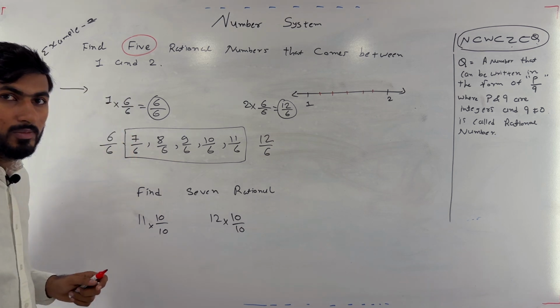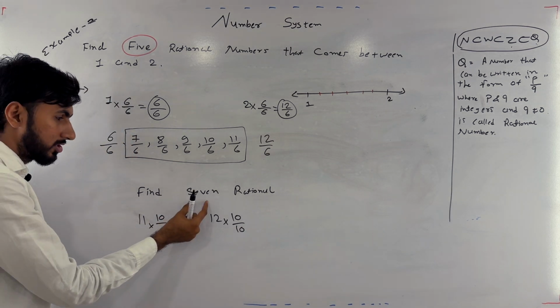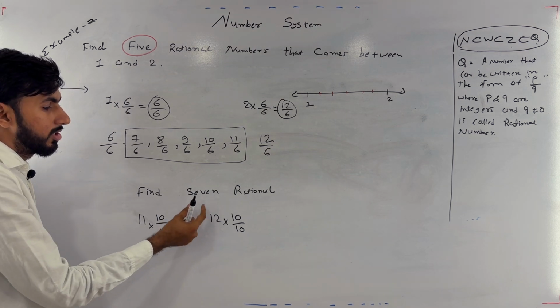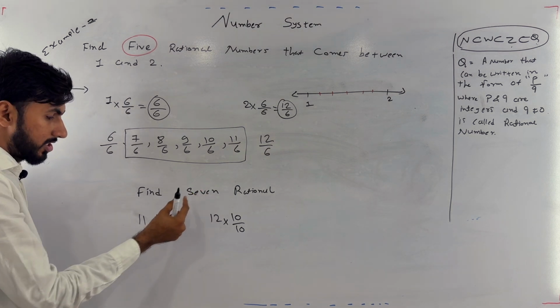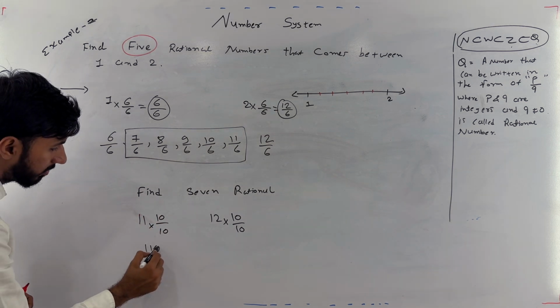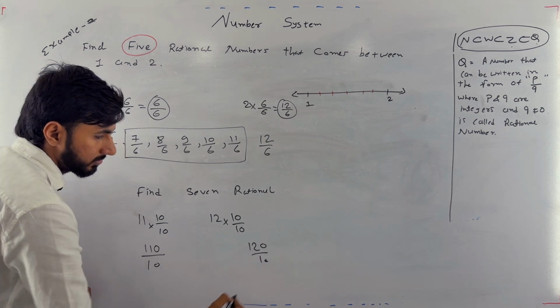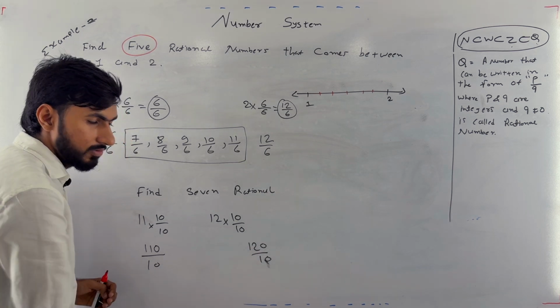Also for this side, multiplying and dividing it by 10. I just have to multiply and divide by a number that is bigger than these numbers, right? Then the easiest way is 10, so it will become 110 above 10, and 120 above 10, right? So it will be easy for us.